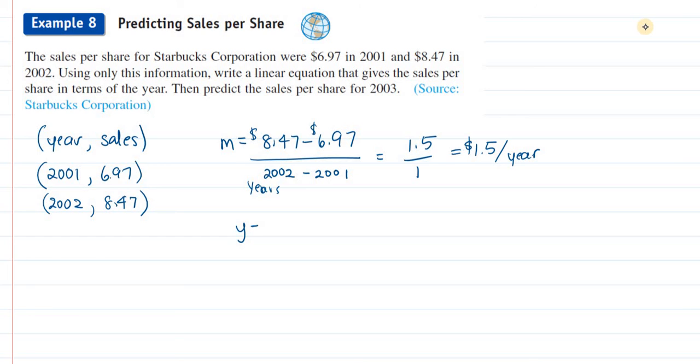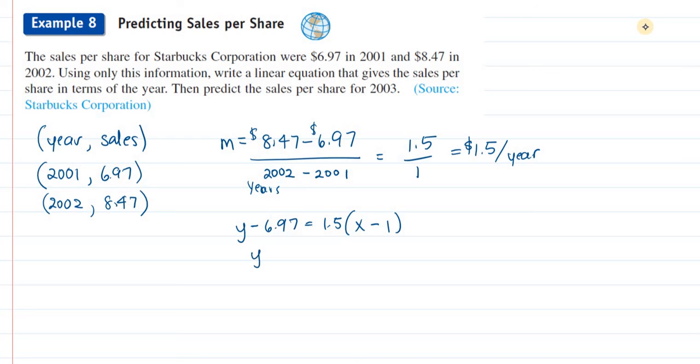So I'm going to do y minus 6.97 equals 1.5 times x minus 1. Why am I doing 1? Because 1 year passed. Okay?